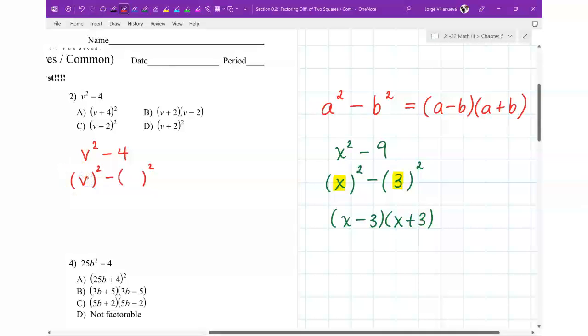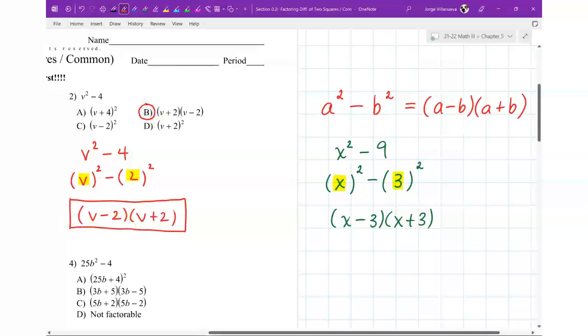What squared is 4? 2. Remember, the things inside of these parentheses are the keys to your answer. So you're going to use the v and the 2. It's going to look like this: v minus 2, v plus 2. It's always a minus and a plus, or if you want to do plus and a minus, it doesn't matter. But it's always going to be one, then the other. And if you look, your answer is right there.